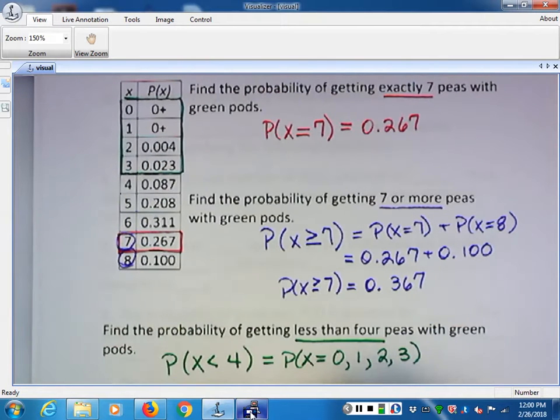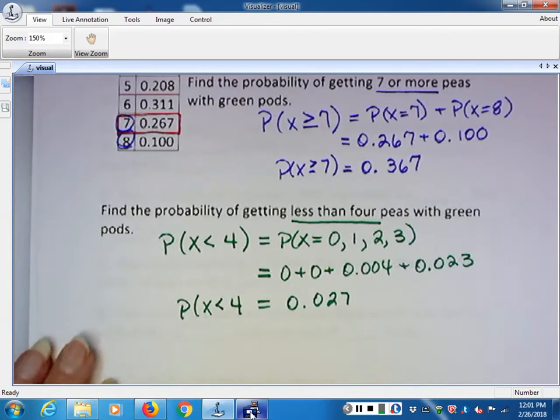So that would be 0 plus 0 plus 0.004 plus 0.023, which says the probability that x is less than 4 is equal to 0.027. Better close my parentheses. Okay?